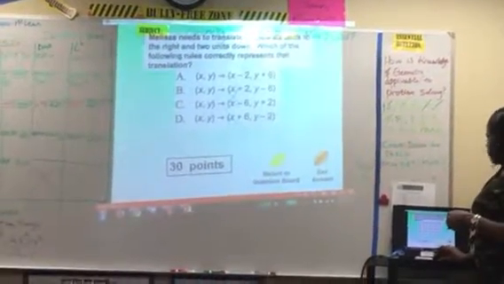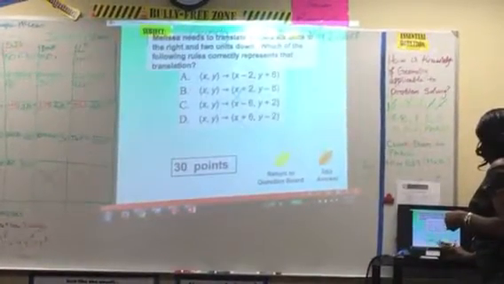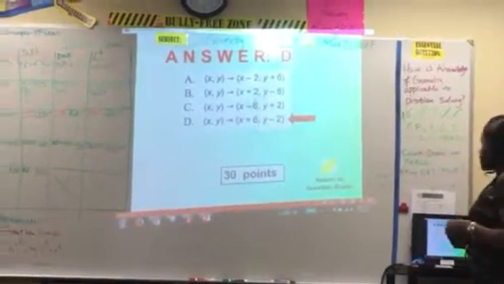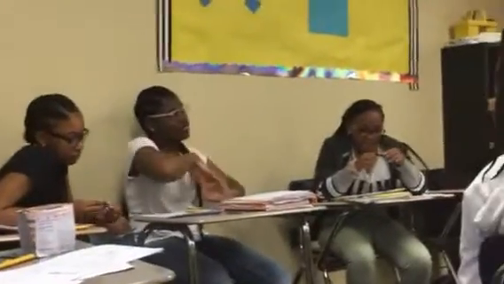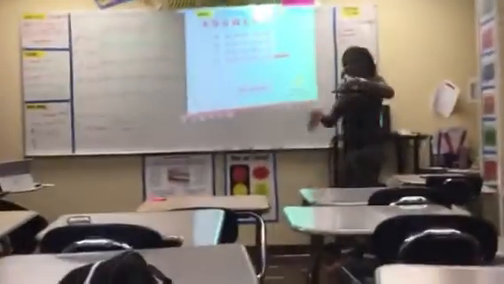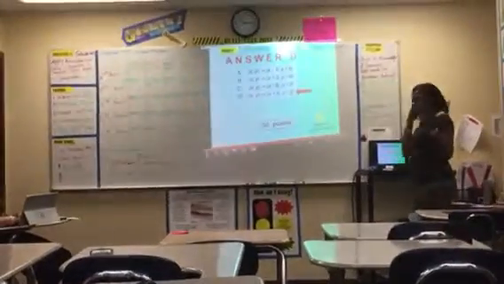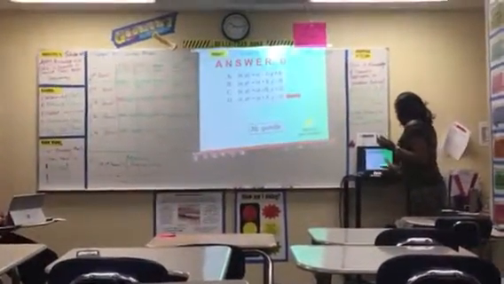She said D. Let's see if D is correct. D is correct because 6 to the right is x plus 6 and 2 down is y minus 2. Left and down are subtracting, and up and right are adding. They will repeat themselves if they pick it. Alright.